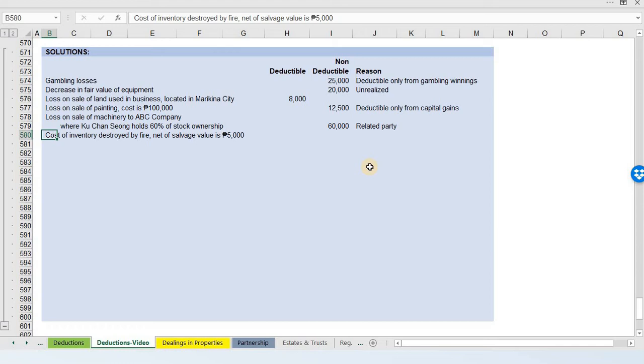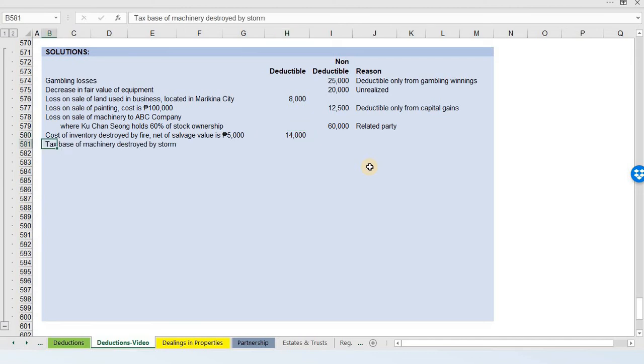Should there be no salvage value, the 19,000 cost will be reported as a loss. However, since there is a salvage value of 5,000 pesos, the loss shall be reduced by the salvage value. So instead of reporting a loss of 19,000 pesos, we will report a deductible loss of 14,000 pesos, which is net of salvage value.